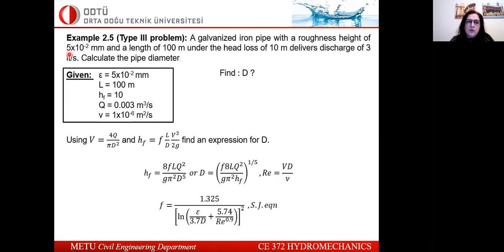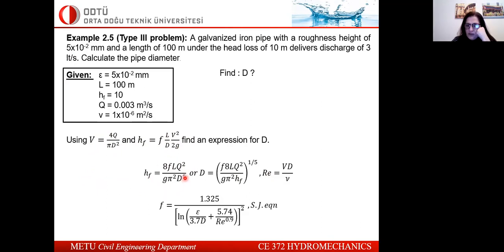Now, if you look at the procedure, as we know, velocity is nothing but Q divided by A. A is pi d squared divided by 4. HF, using the Darcy-Weisbach equation, is F L over d, V squared over 2g. In terms of this V, I can substitute 4Q divided by pi d squared, and I can obtain the relation of HF to be equal to this.